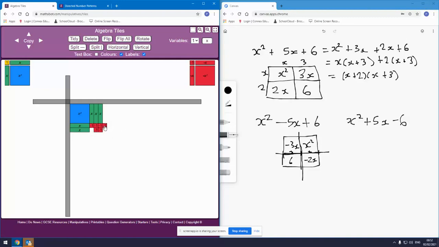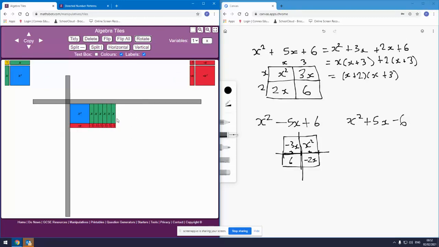And so actually what has to happen, as we know in this case, is I'm going to have my x squared plus 5x minus 6 like that, and then all 5 of my x's are going to have to be vertical here. And then actually to fill this space, I'm going to need to have a negative x and a positive x.